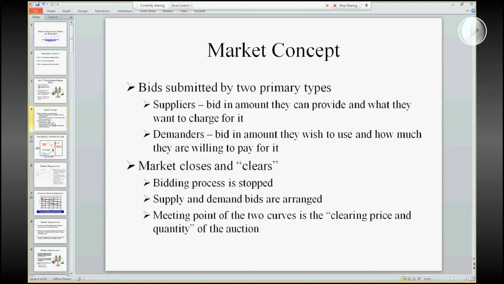Basically, the suppliers are bidding in the amount that they can provide and what they want to charge for it, and the demanders are bidding the amount they want to use and how much they're willing to pay for it. And then this market opens up, lets all the people into it, and then it clears this market, closes it, and delivers a cleared price back out to the rest of the consumers so they know how to react.